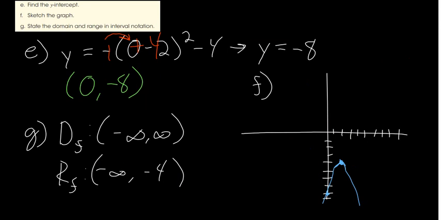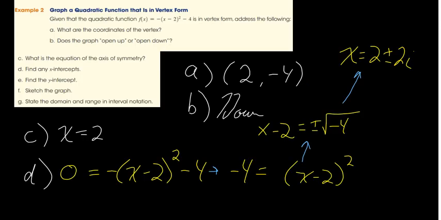And honestly, we actually include negative 4. Sorry about that. So we actually include negative 4, and that is my range. So we get the domain and range and all that good stuff. Hopefully that was pretty easy work.